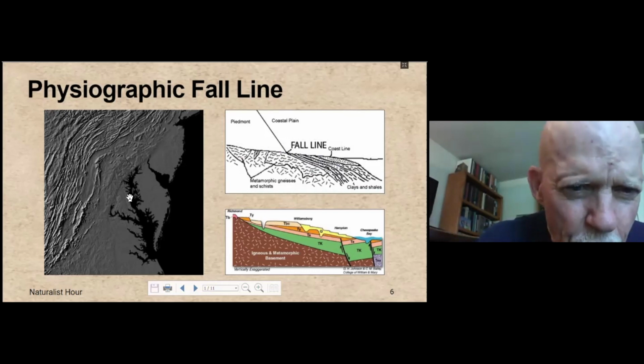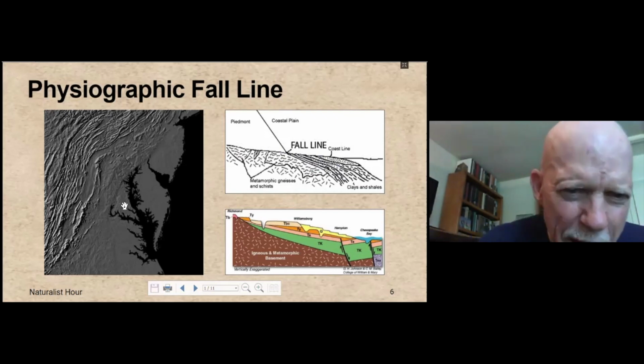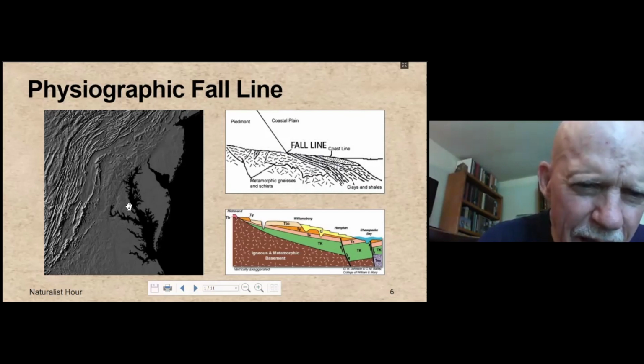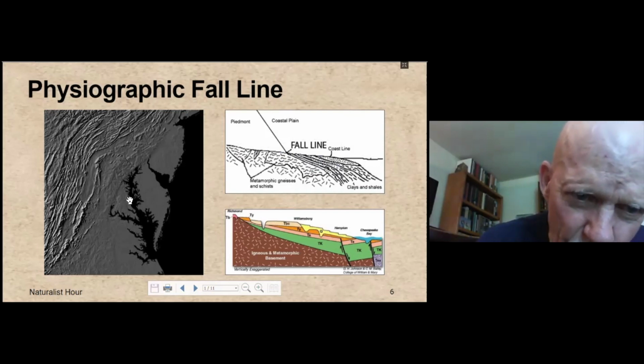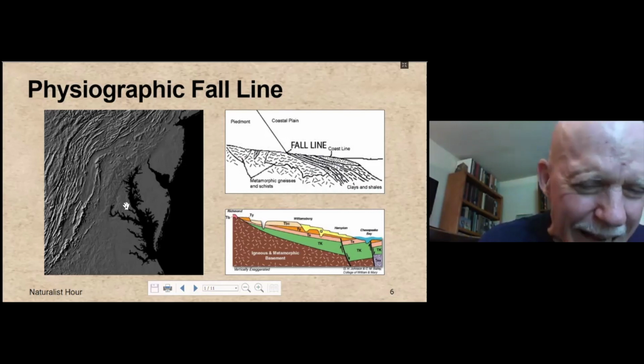Now, southern Maryland doesn't follow the pattern so well. It's not flat like that. It's a little bit more like the Piedmont to the west. And even some parts of Virginia nearby, the Northern Neck, for example, are a bit like that.